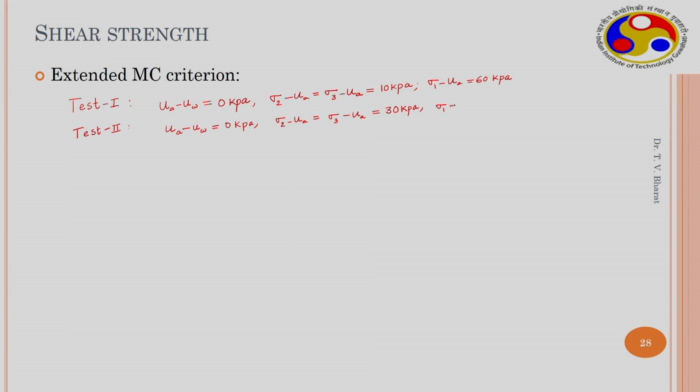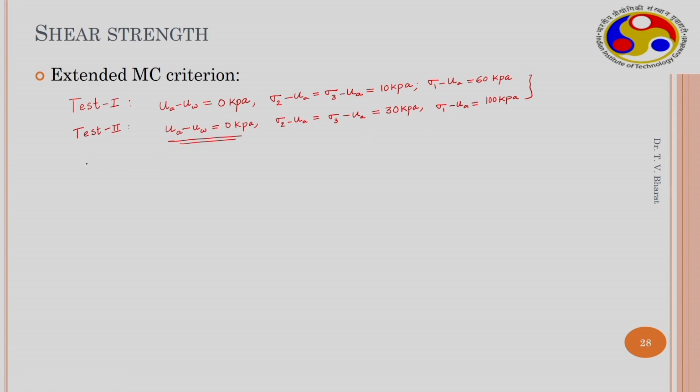Then the failure took place when sigma 1 minus UA was 100 kilopascal. So this is one set of data conducted at saturated state, so that you can obtain c and phi values.